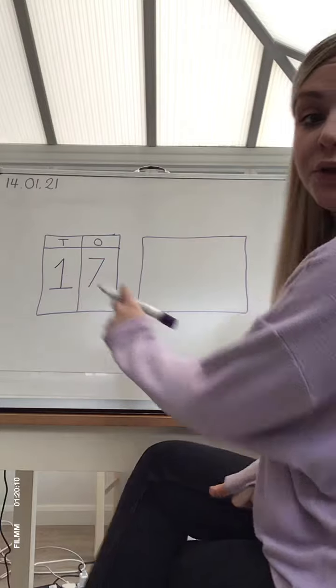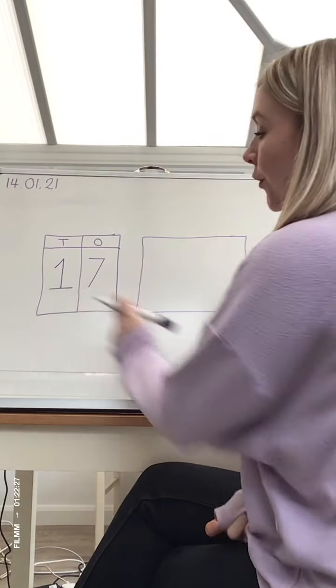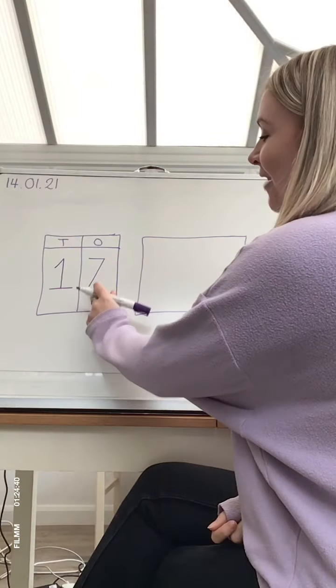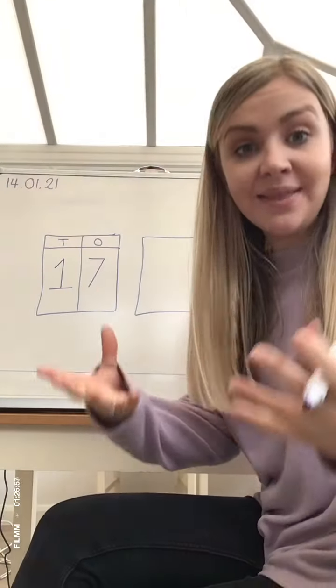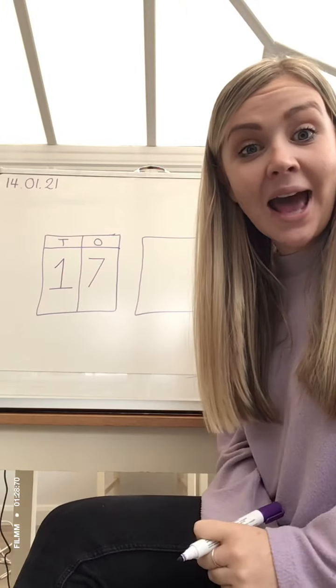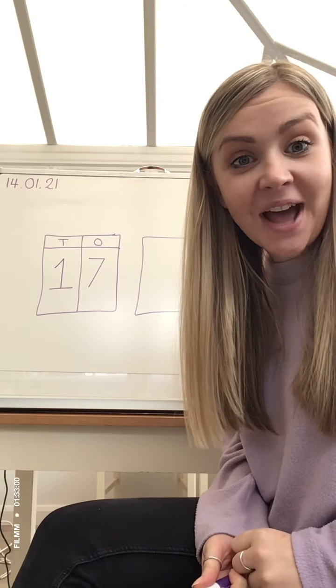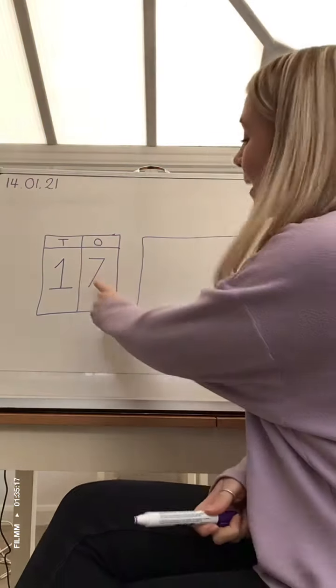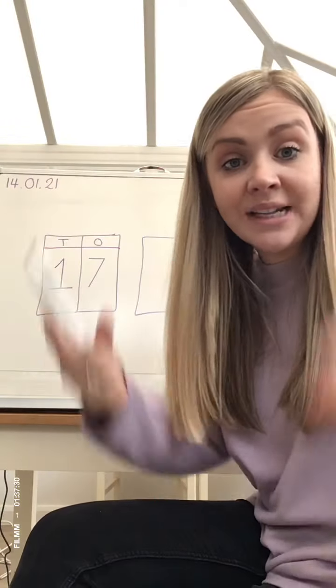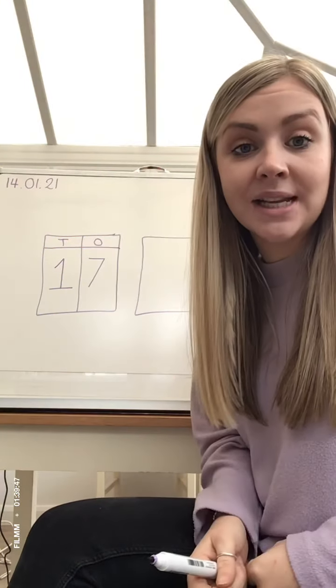Looking at my place value chart, I can see that there is one group of 10 and 7 ones. Now I want to represent this using concrete resources, and I also want to show a pictorial representation. Pause the video now and have a go at representing the number 17 with either concrete or a pictorial representation.